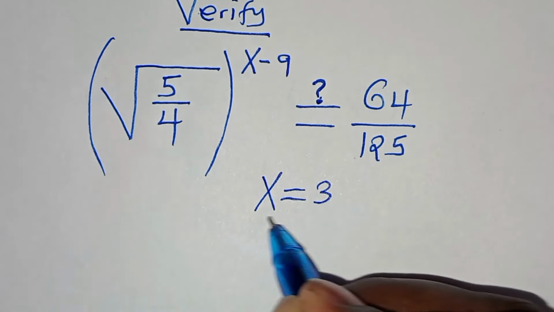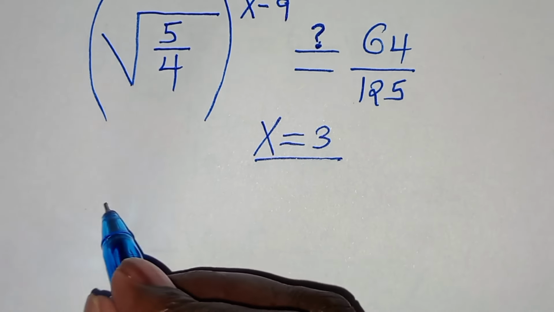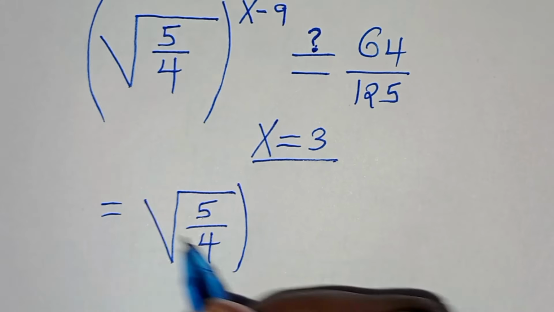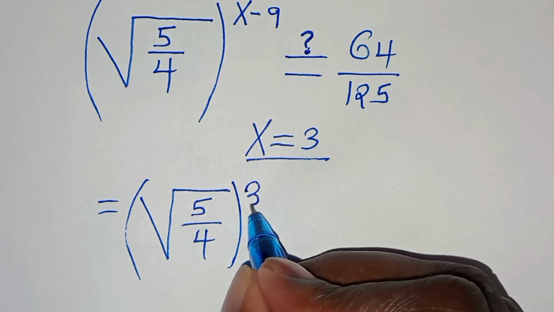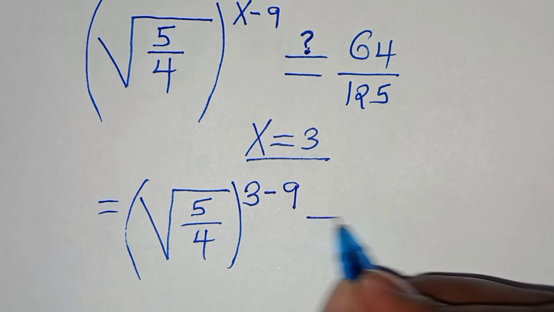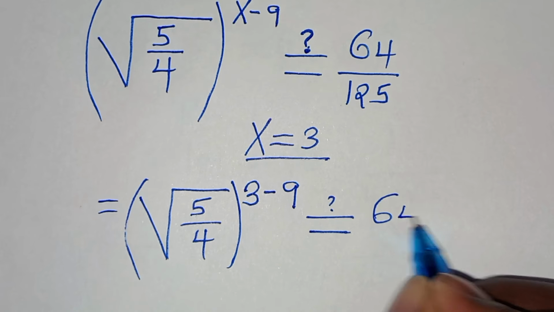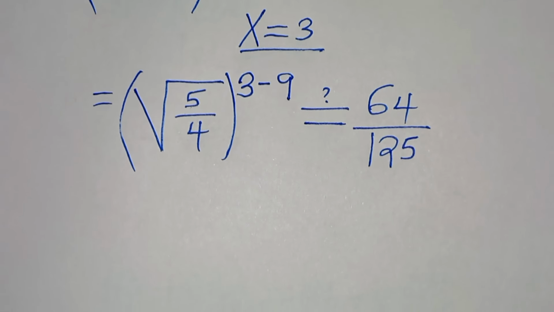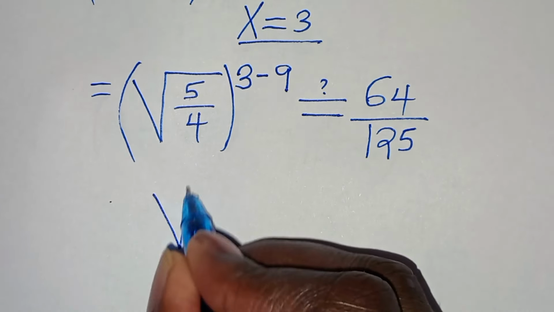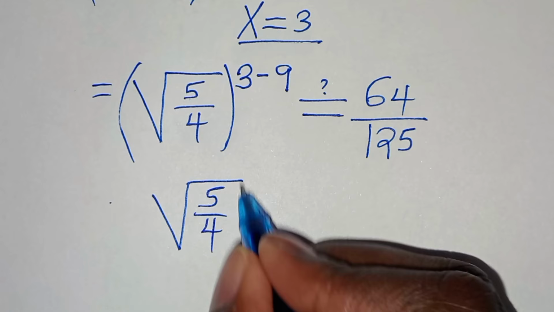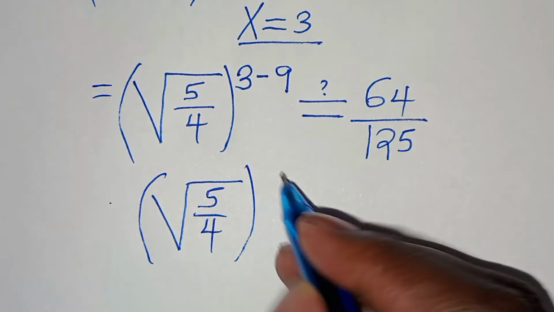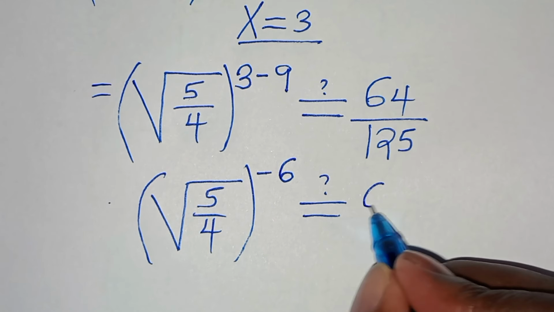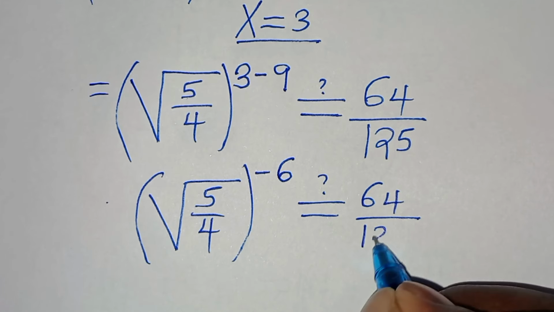Remember, x is equal to 3. So we have the square root of 5 over 4 raised to the power of 3 minus 9, which is minus 6. This is supposed to give us a value of 64 divided by 125.